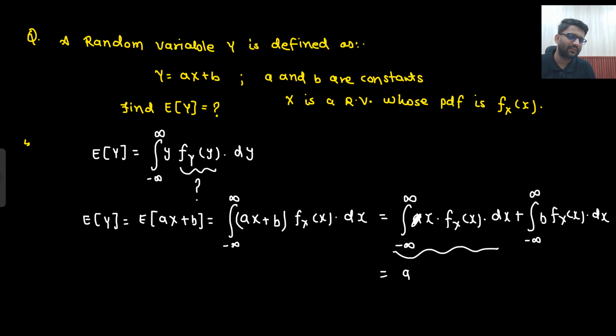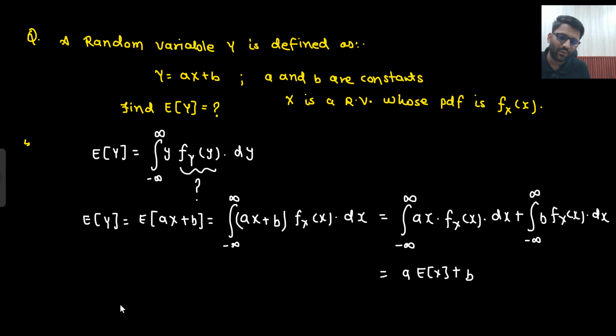So what do you think, what is this? Expectation of x only, right? And if I take b outside, what will be the answer of this particular thing? Minus infinity to infinity fx dot dx, what would that be? 1, right? So what will be the answer?